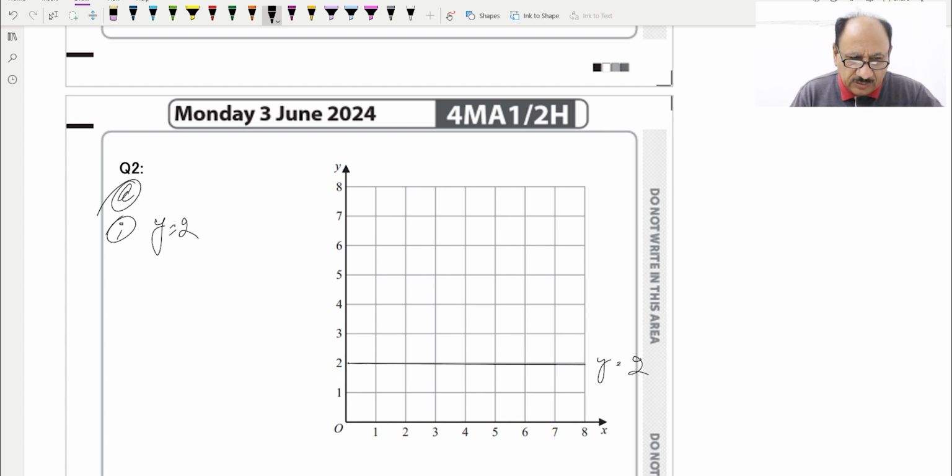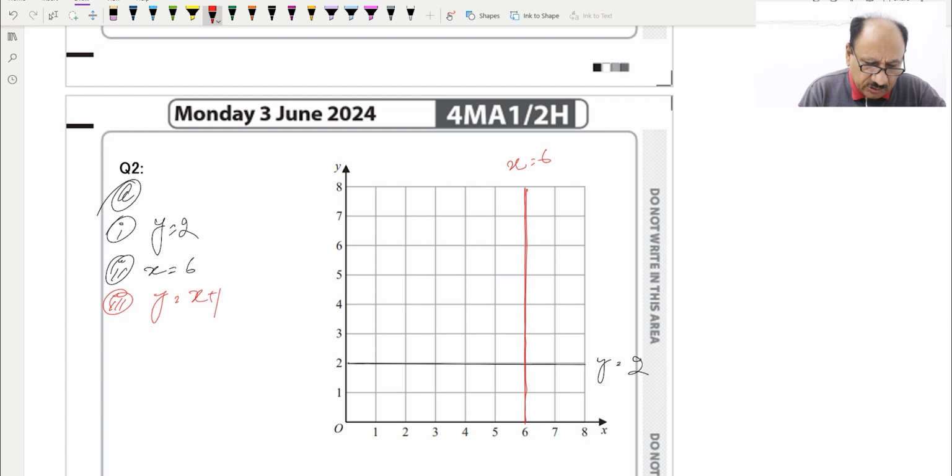We have drawn this line, and then they are saying x is equal to 6. The second line provided is x is equal to 6. So x is equal to 6 will be this line, which I will be drawing. This one, this is x is equal to 6. This one is also done. And the third line which they have provided is y is equal to x plus 1.